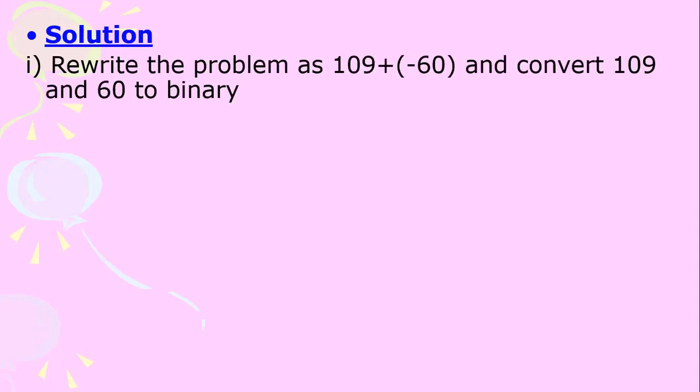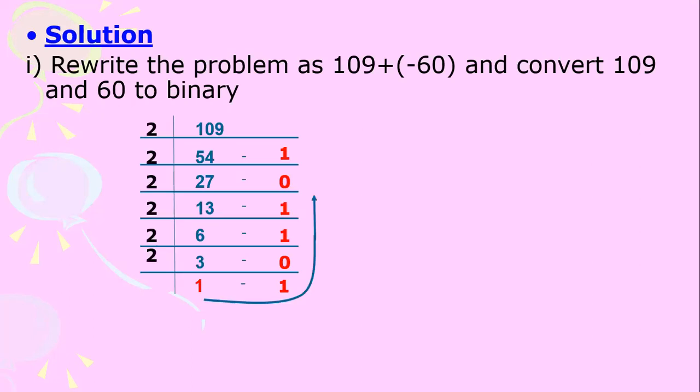So, have you done this, my dear students and the rest of the learners? This is how you are supposed to perform such a computation. Number 1, rewrite the problem as 109 plus bracket minus 60, and convert 109 and 60 to binary.